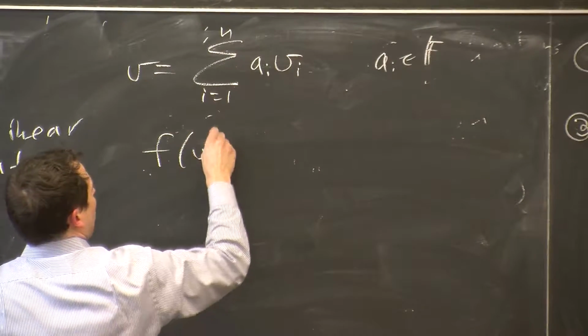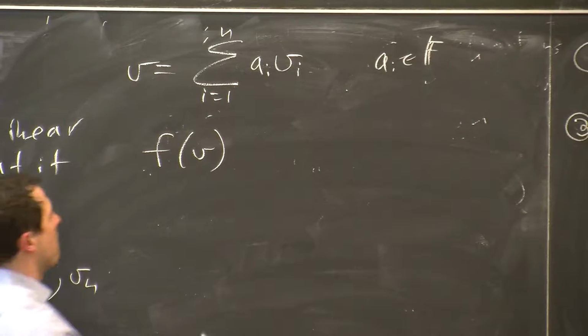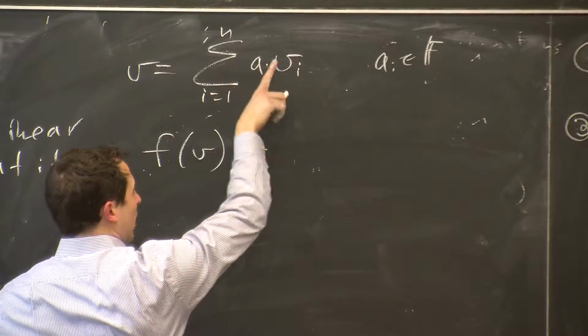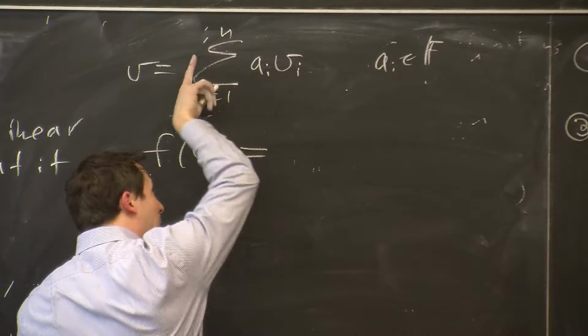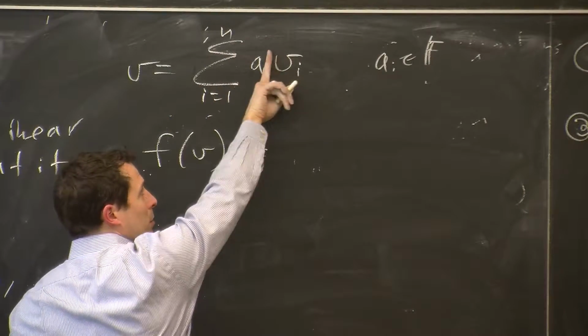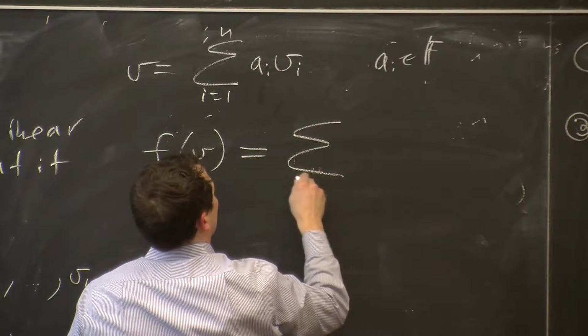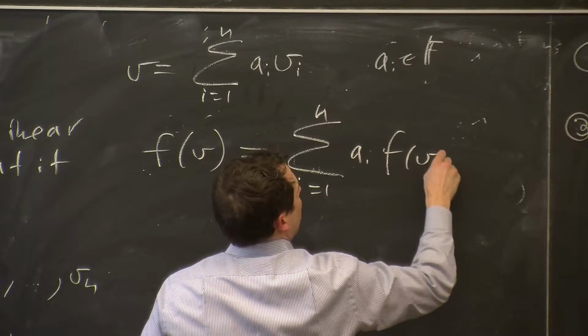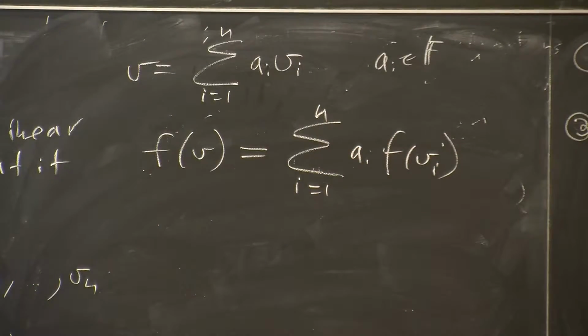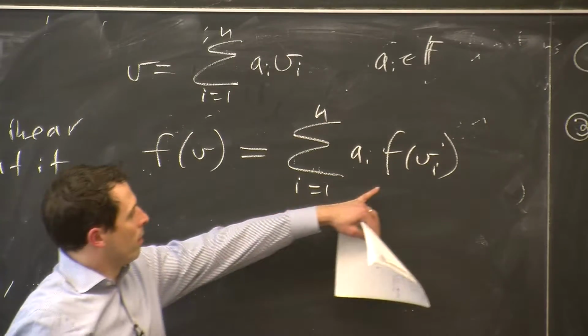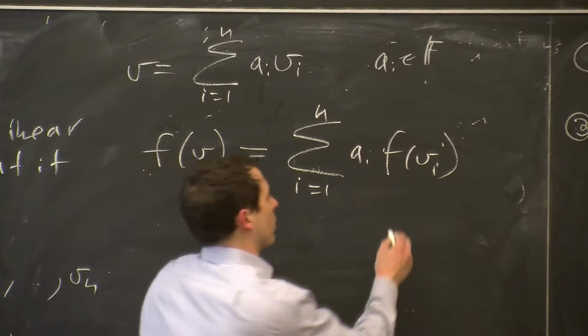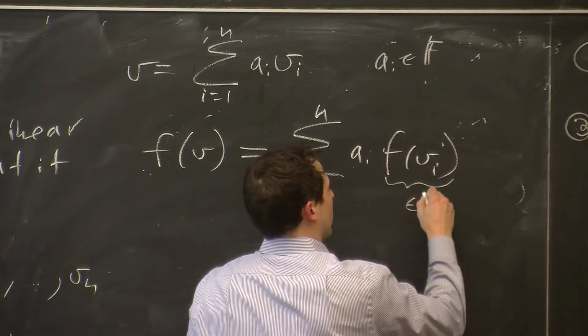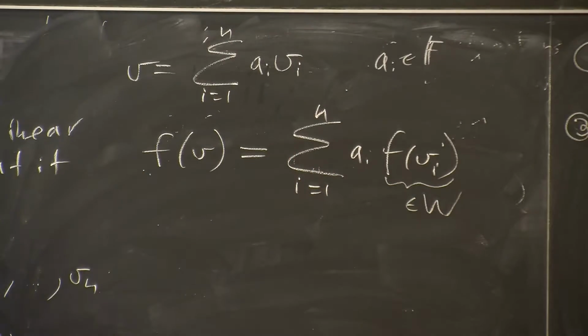And if I apply f to this arbitrary v, by linearity I can push it through the sum, and I can push it through the scalar multiplication. And so I've written it in terms of these things, each of which lies in the codomain.